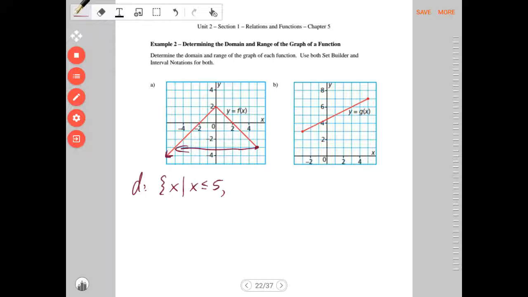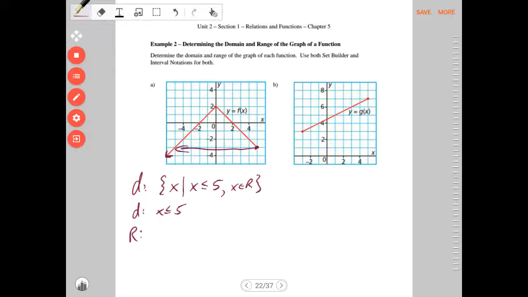Once we're there, we can be all the numbers in between, so x is an element of the reals. Usually this gets shortened to domain is x less than or equal to 5, but you still need to at least recognize the long version.